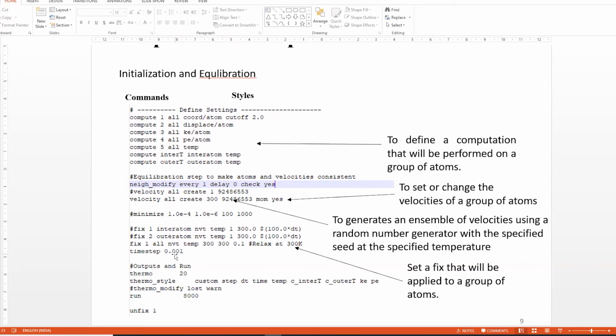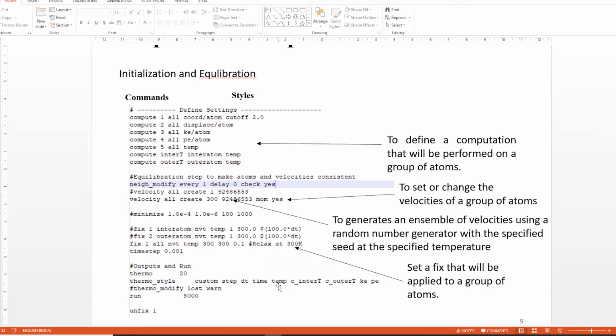Here it is in picoseconds, 0.001 picosecond, that is 1 femtosecond. And this will run for 800 steps. Okay. And then during this minimization, relaxation, you can dump your data. Okay. So in the last output and run lines, you can specify what quantity you are going to dump in your dump file. Okay. So there will be a log file also. So you can check in the log file.